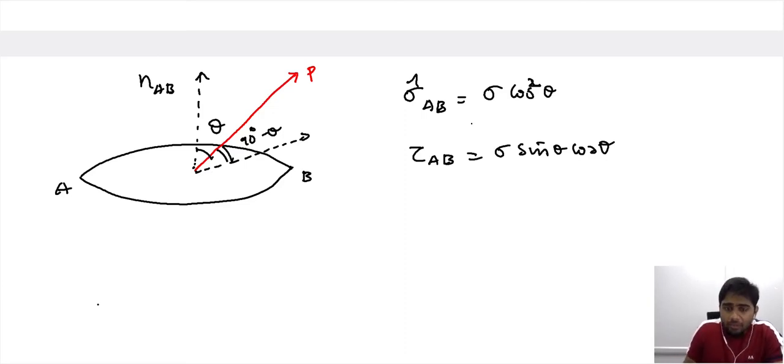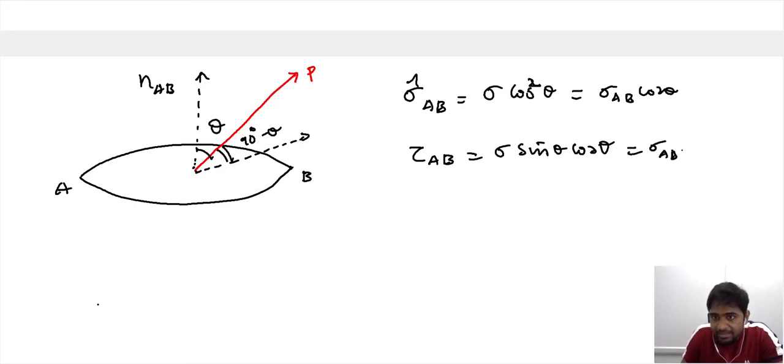Now for our simplistic case, we can replace this expression as sigma AB cos theta and this as sigma AB sin theta, because sigma AB is nothing but sigma cos theta, which is the stress experienced by AB along the loading direction.